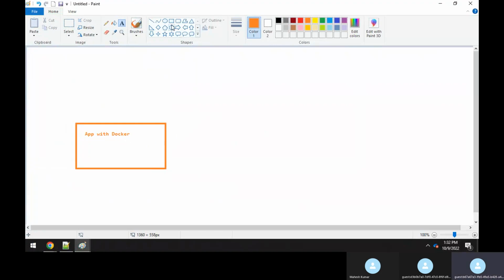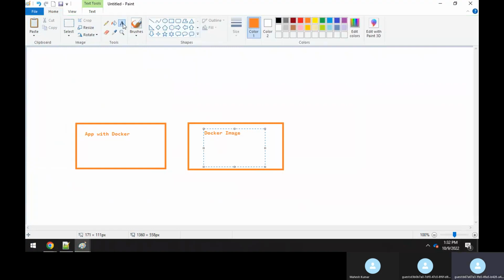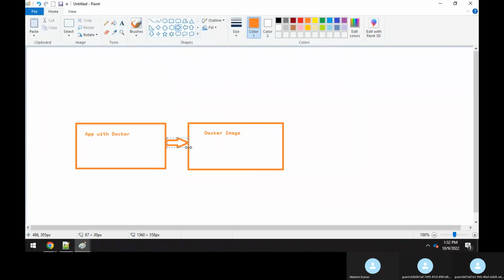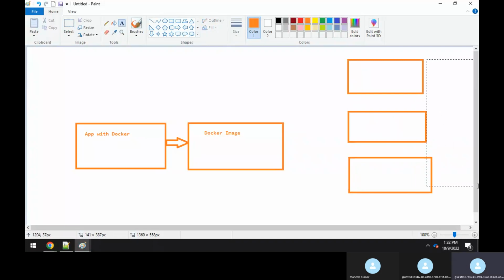Once you develop an application with Docker, you will create a Docker image like this. Once you create a Docker image, you will have multiple servers, multiple machines, like this.